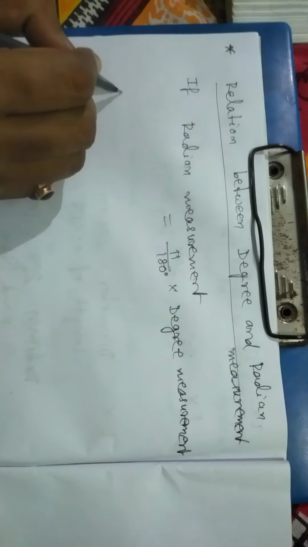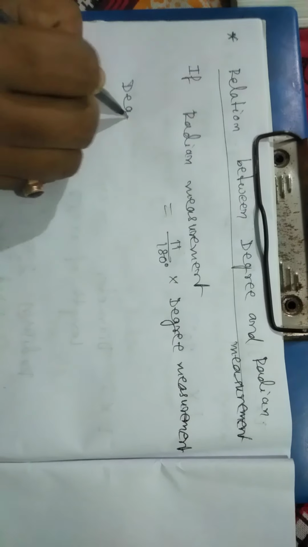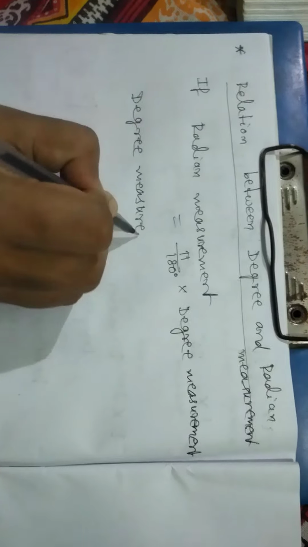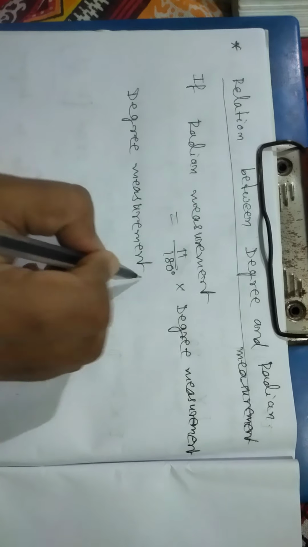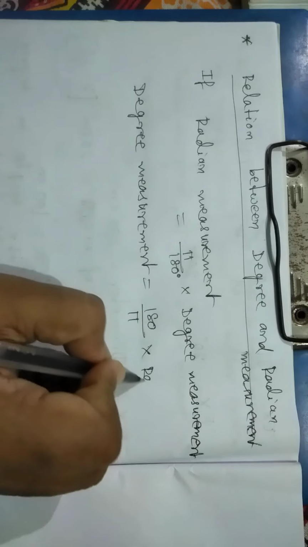Again, if radian measurement is given and you want to find out the degree measurement, what you have to do? Degree measurement equals 180 by pi into radian measurement.